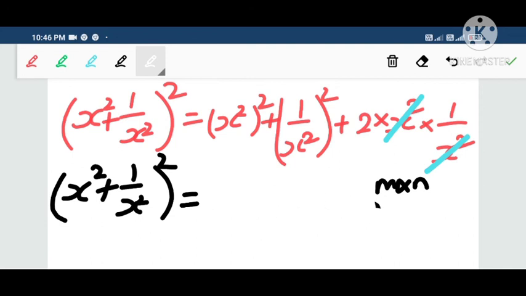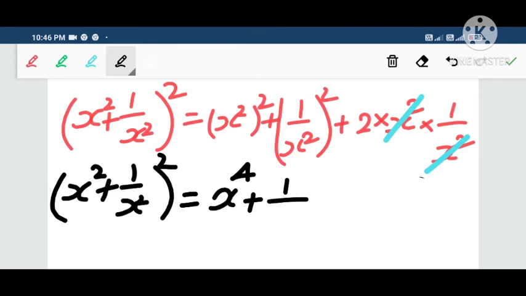So it becomes x to the power 4. If you take a by b whole power m, we need to raise both numerator and denominator to the power. So 1 square becomes 1 and x square whole square becomes x to the power 4, plus 2. So here what we need to find out is x power 4 plus 1 by x to the power 4.